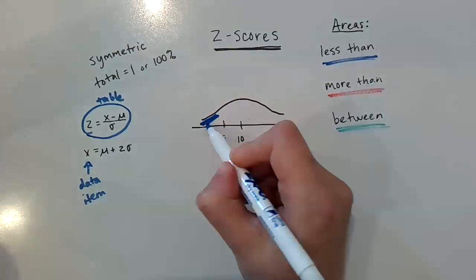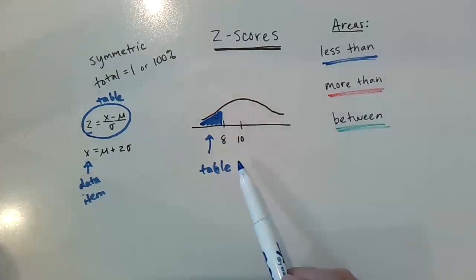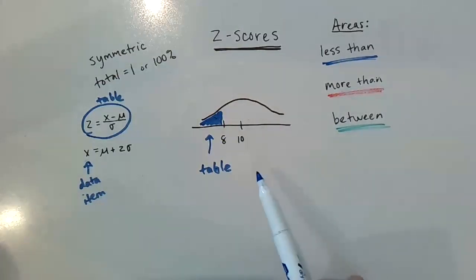Now, in order to use my table, though, I have to turn 8 into a z-score. So I would plug into my formula, get my z-score, look it up on the table, and grab that area, okay? Now, of course, I can't do that for this particular problem because I didn't tell you what the mean and standard deviation is, okay? They're going to give you that information.